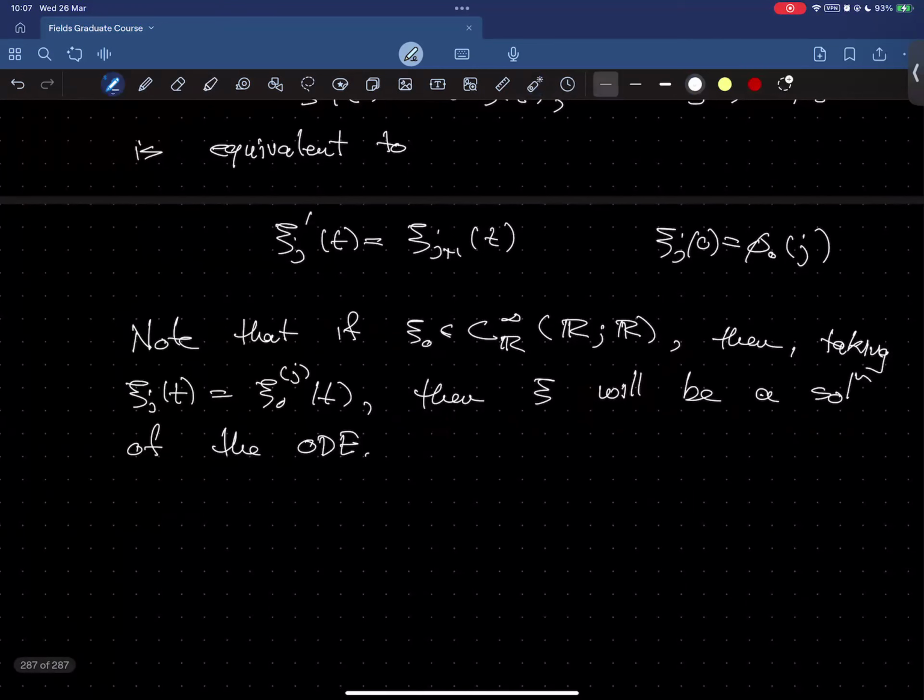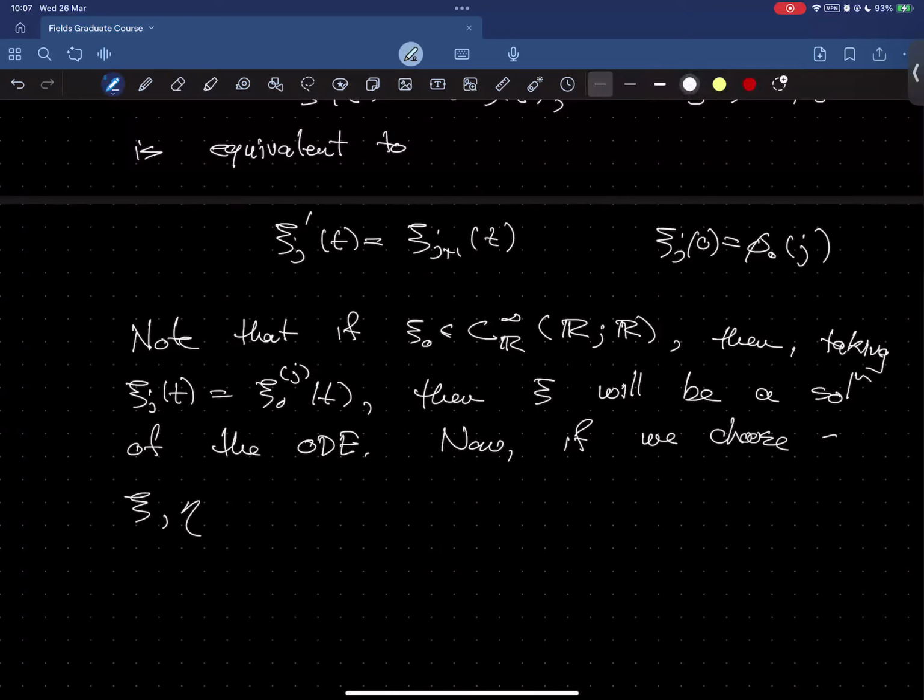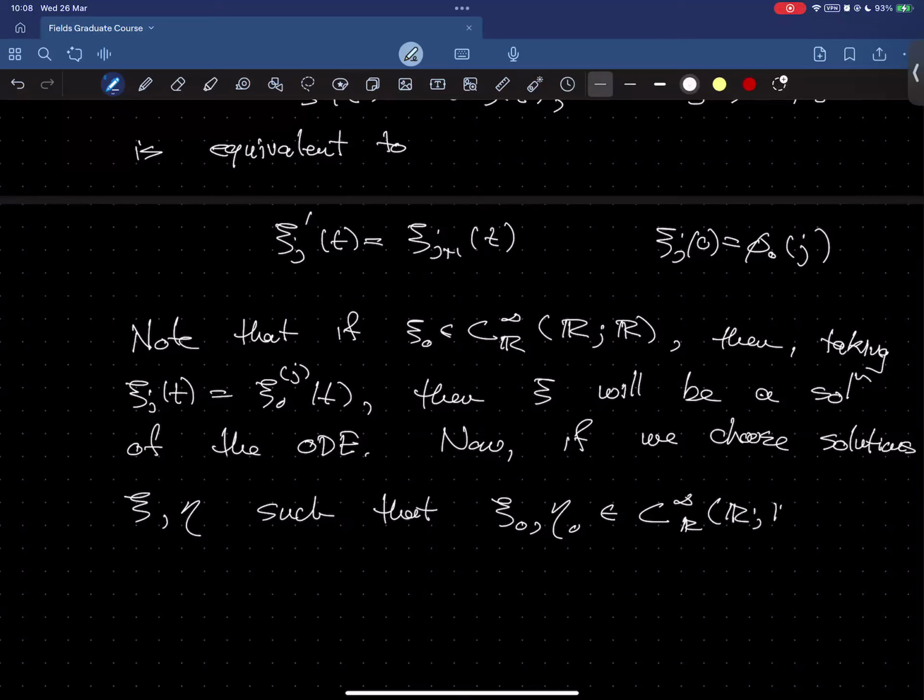So now, if we choose two solutions, C and eta, such that C0, the zeroth component of C and eta, are C infinity functions, just like I did here, but I'm taking two different ones now, but they have to satisfy a condition.